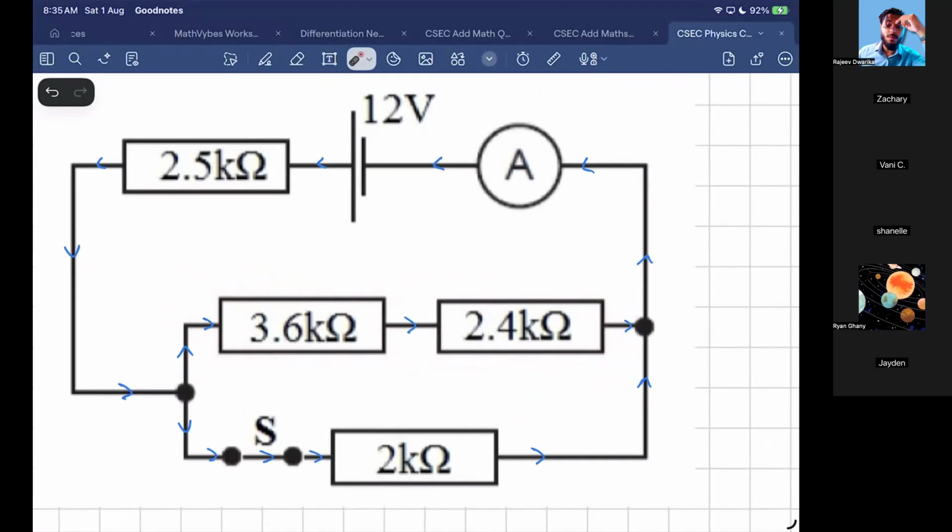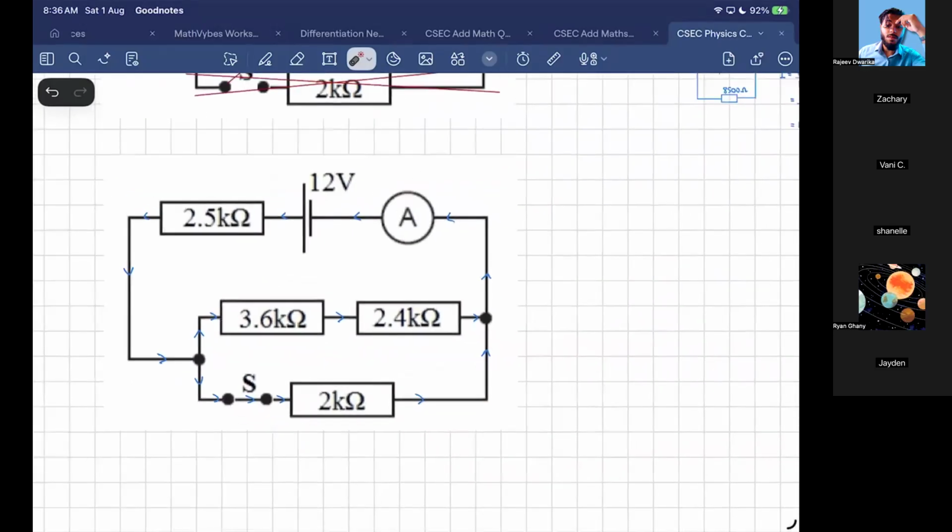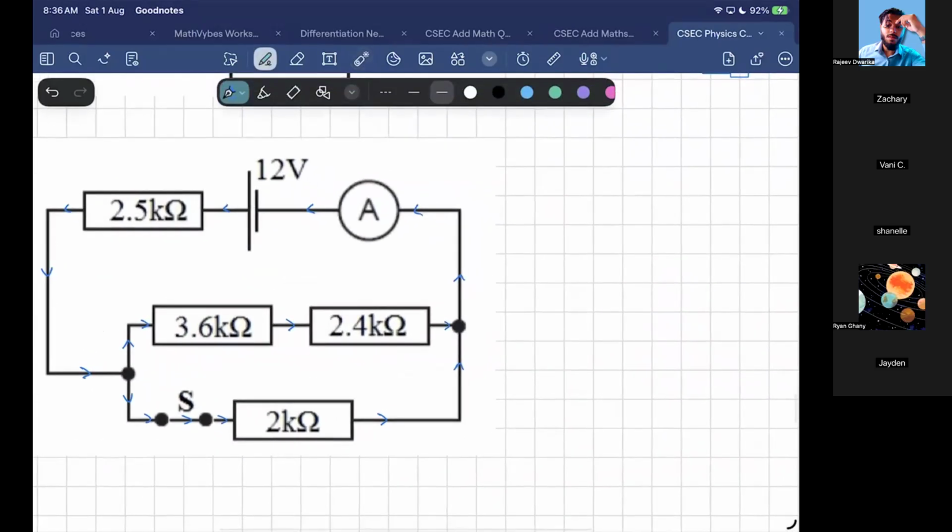Chanel, do you understand that the nature of this circuit is both series and parallel? Yes, sir. Alright, cool. So Ryan, let's do this fast. Which two resistors do you want to combine first? 2.6 and 2.4. Yeah, we should do that.